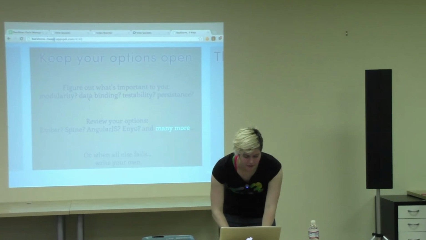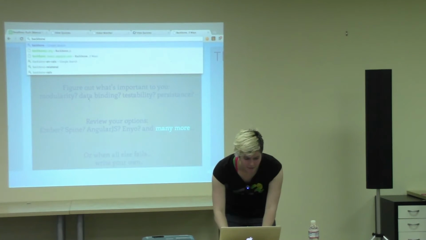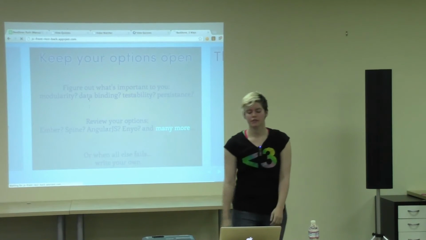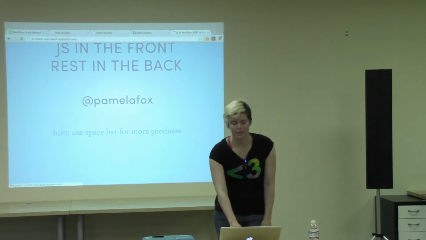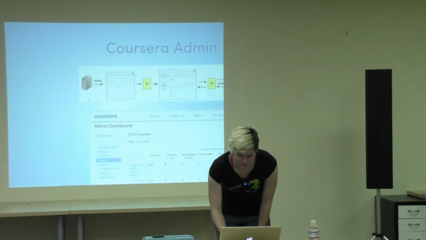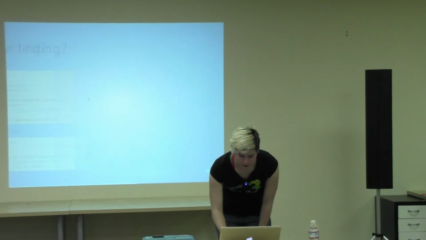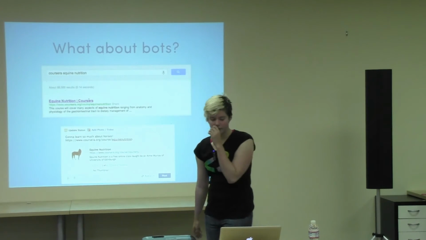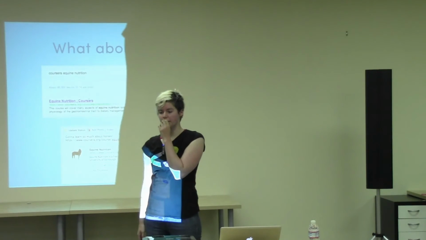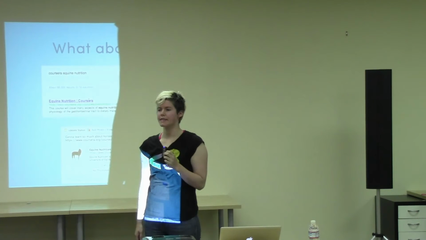Good question. So I have that. There. So what we do is we pre-render for bots, and I think I have a diagram of that here. What about bots? Okay, so we pre-render for bots. We're using Selenium now to do the pre-rendering.